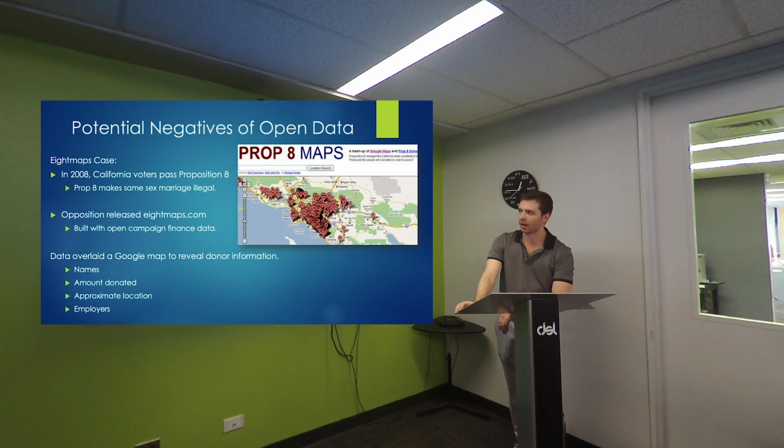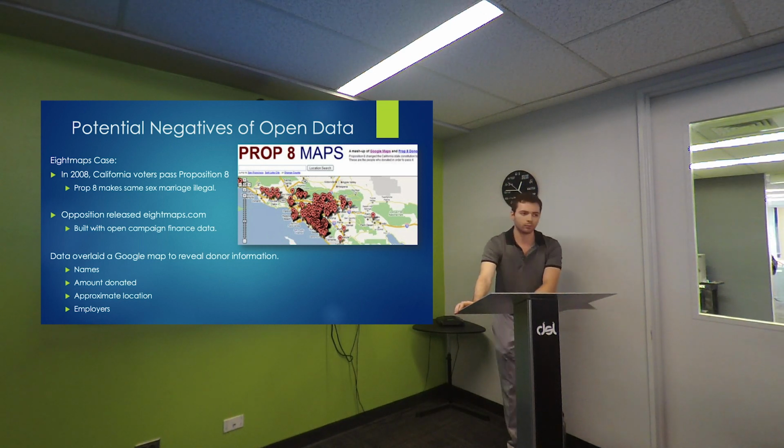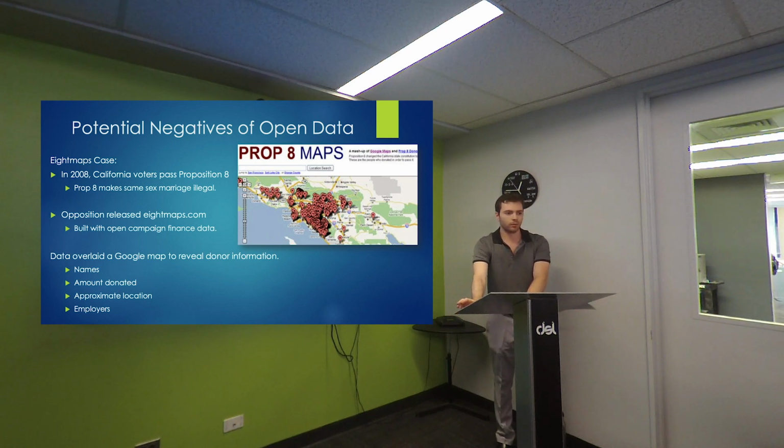That's kind of hard to imagine now that it has been federally legalized by the US Supreme Court. But yeah, 10 years ago they made it illegal, and so the opposition released 8maps.com, which was built using open campaign finance data, which is legally required to be made available to the public.